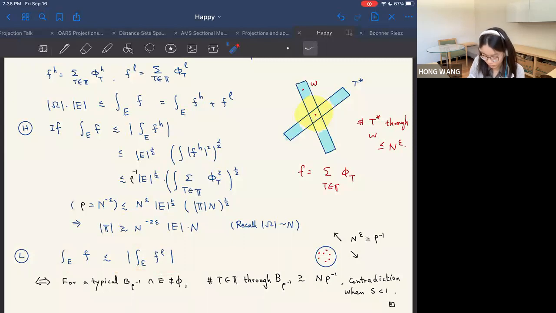Because what does it mean for the low frequency part to dominate? It means that for a typical ball, let's say this is the low frequency part, and this has scale about 1, and the low frequency part is rho, which is n to the minus epsilon.